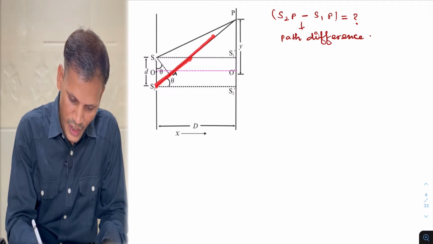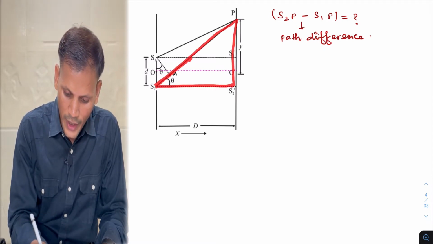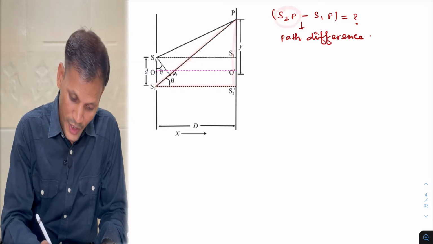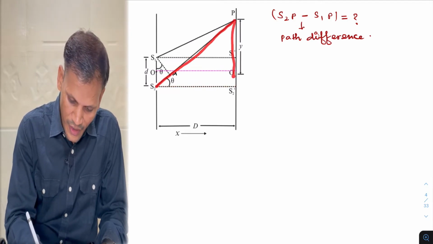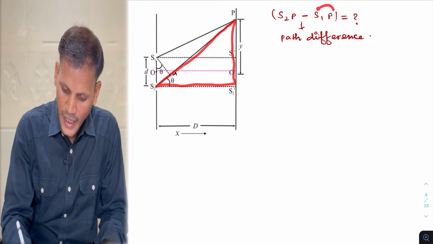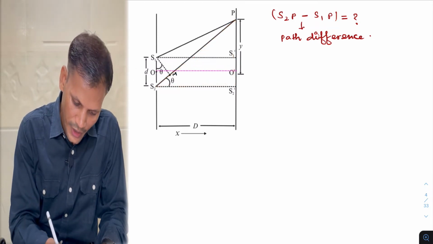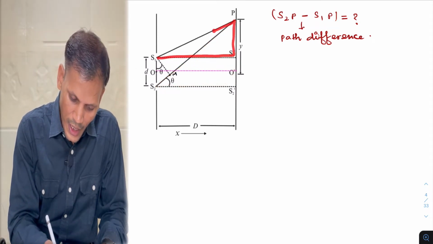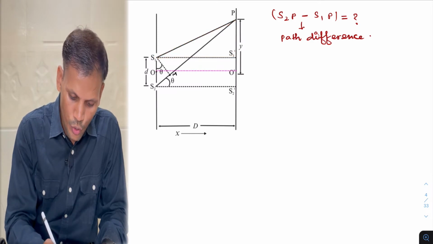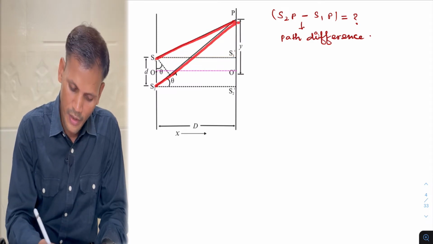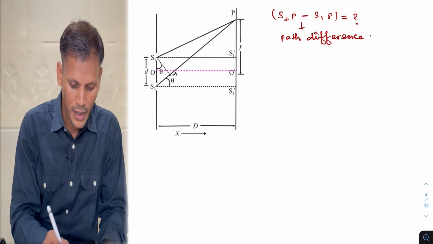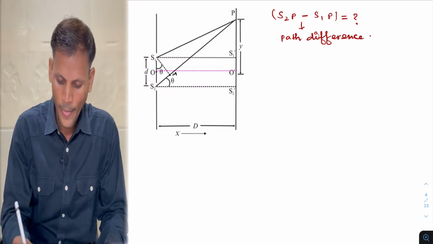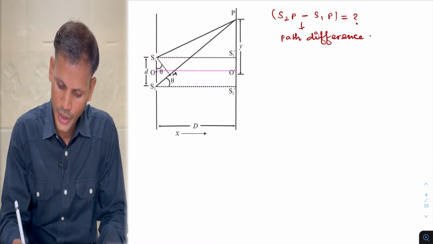First this triangle, because we have to calculate S2p, and for S1p we have to take this triangle. If we get S2p and S1p, then we can subtract them and find out the answer.